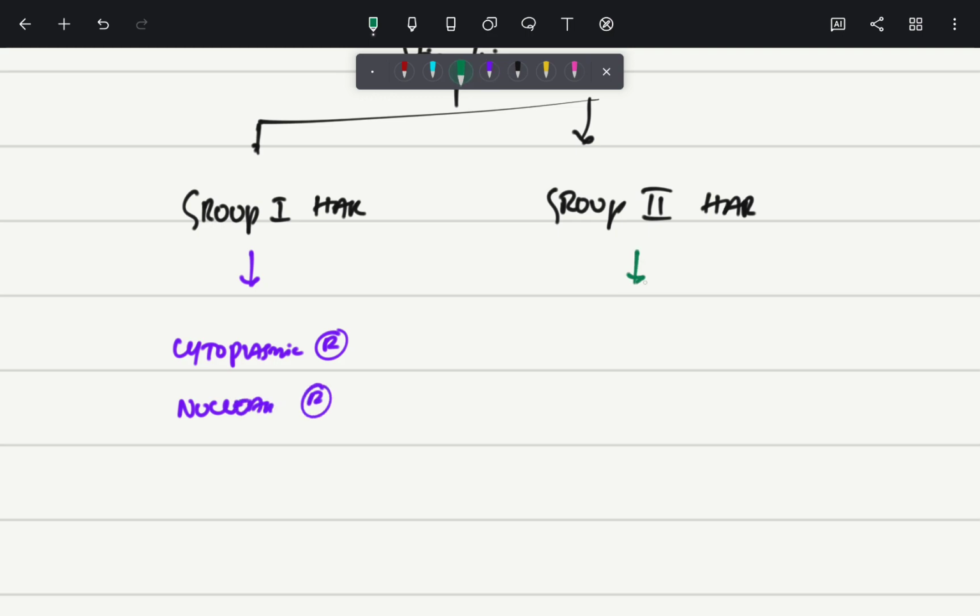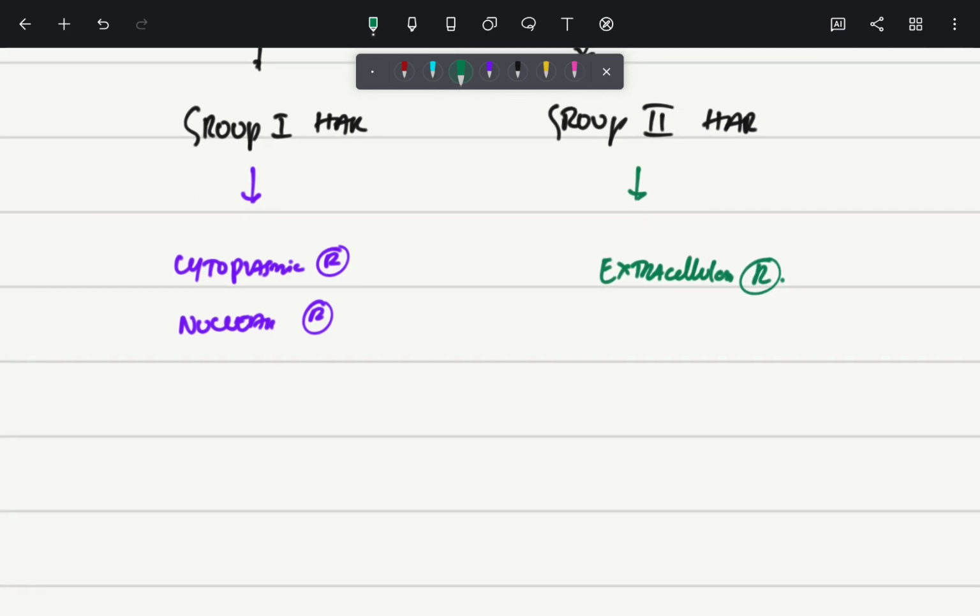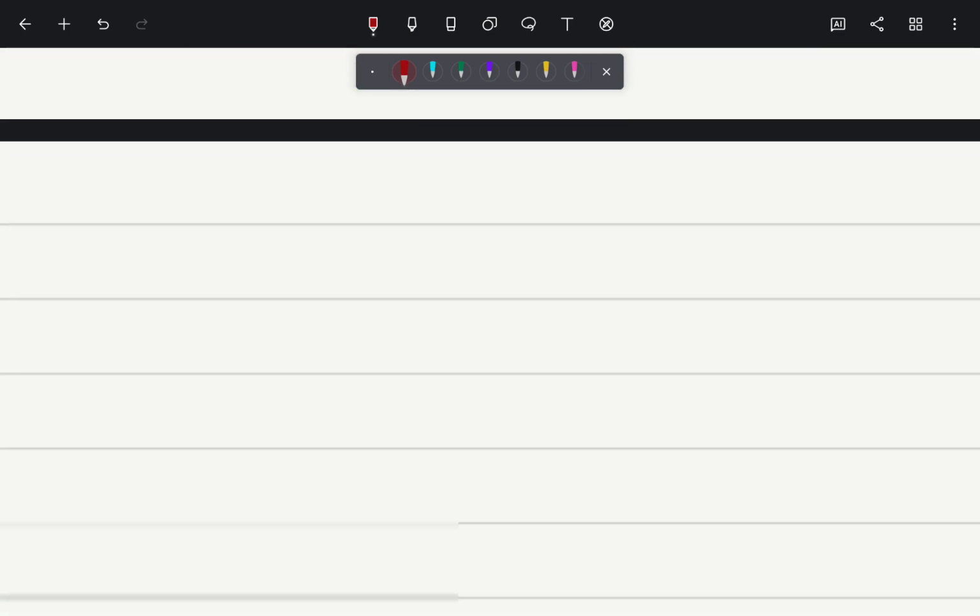Whereas group 2 hormones act on the extracellular receptors. So first, in this topic, the main important thing is your group 1 hormones which act on the cytoplasmic receptors. So first we will talk about the cytoplasmic receptors.